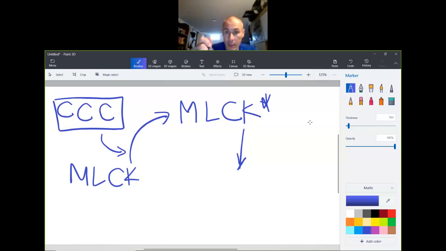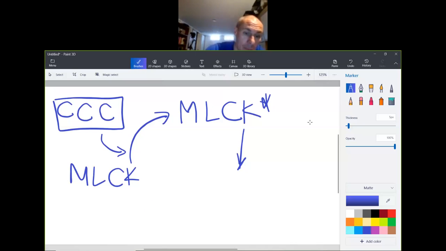Next, MLCK is the enzyme, and what does MLCK do? Myosin light chain kinase. The term kinase refers to the enzyme that can slap a phosphate group, a phosphate residue, on something. In this case, it can slap a phosphate group on myosin light chain.